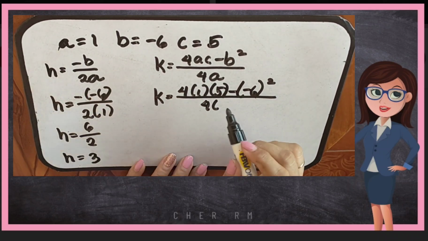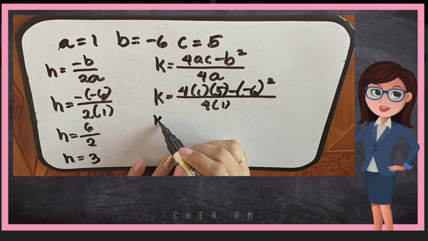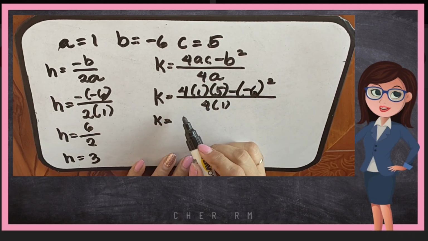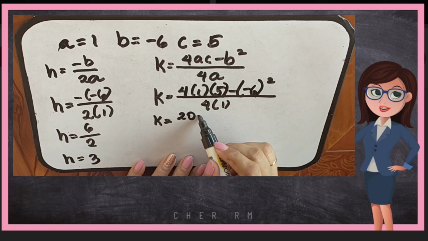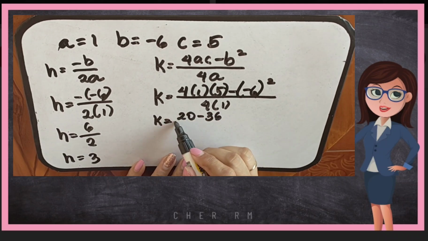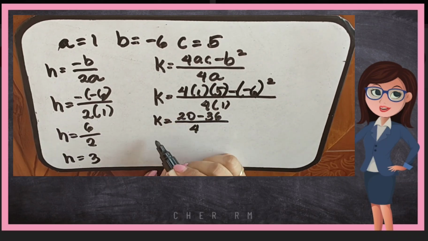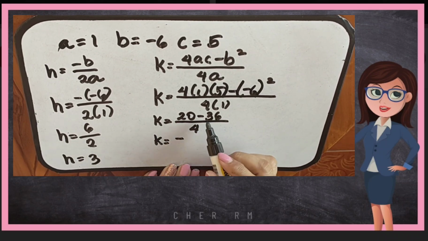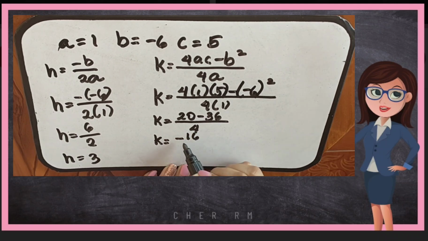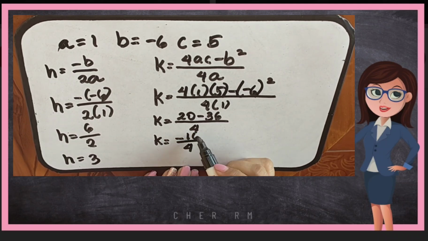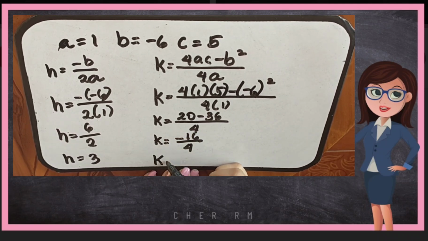Then simplify the result. So we have k is equal to 20 minus 36 over 4. So we have k equals negative 16 divided by 4. So k is equal to negative 4. So the vertex of our quadratic function is 3 and negative 4.